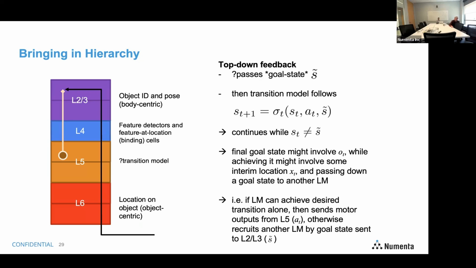So this is what I was saying earlier: layer 6 in my mind is not really part of the model. It's the contemporaneous position of your sensor or your body, and you're saying, if you want me to put this in some state, I can calculate what I need to do to get it into that state, given my current position, and that's going to be calculated in layer 5. That's how I viewed it.